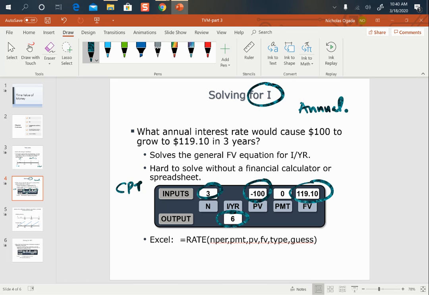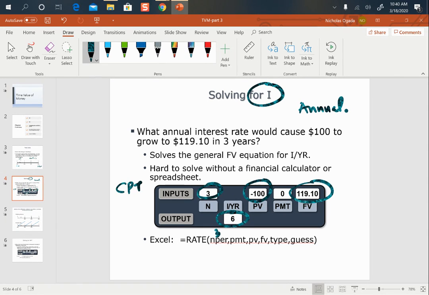You could also solve the same problem with the same values using Excel. To do so, you go to a spreadsheet, go to any cell, and enter equals RATE, and then your number of periods is going to be 3. You enter that as 3.